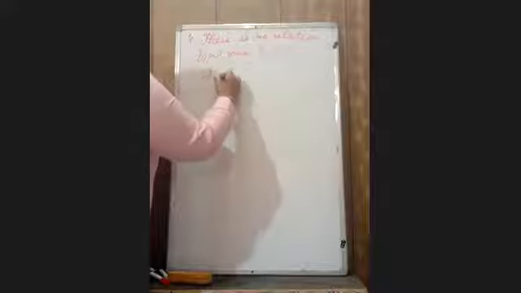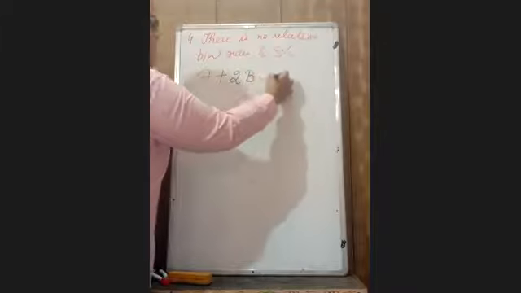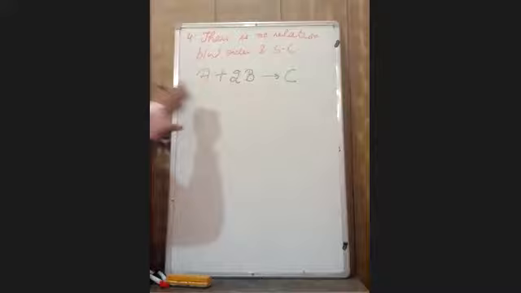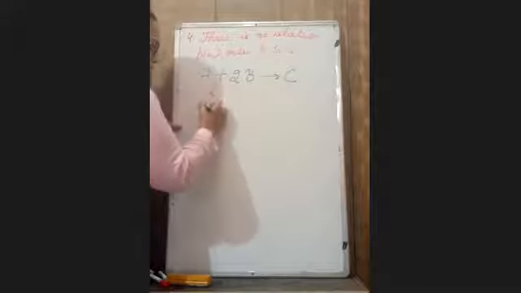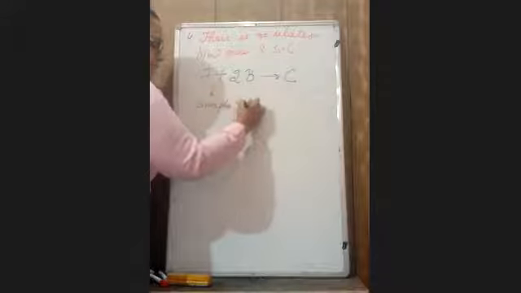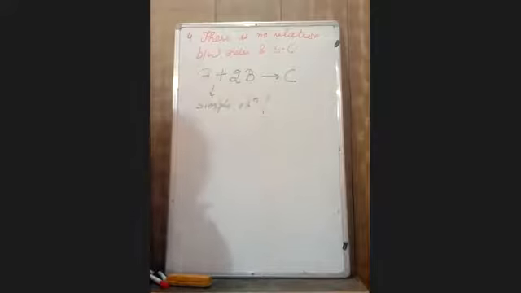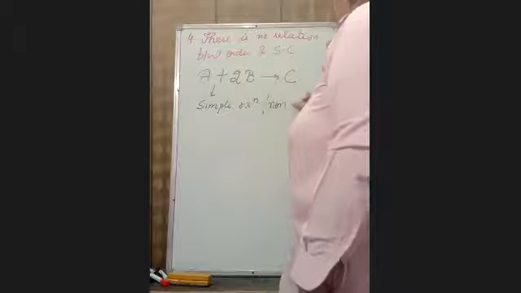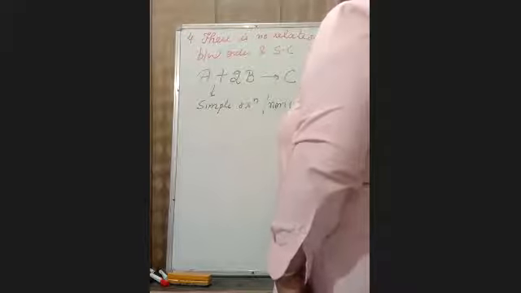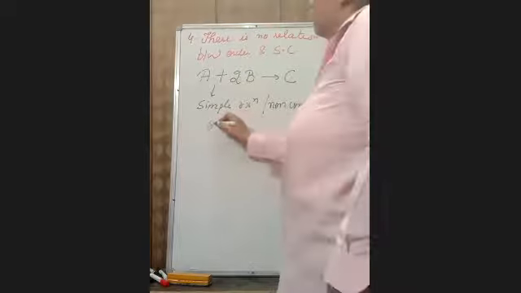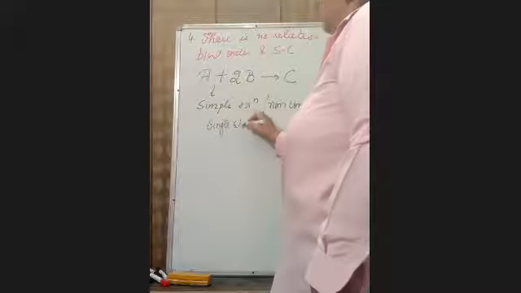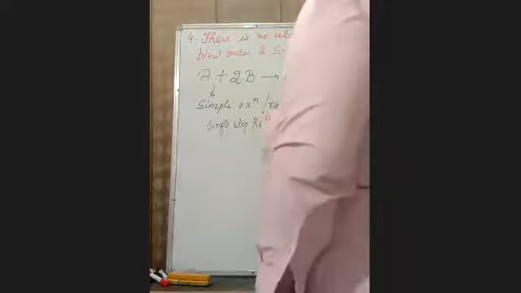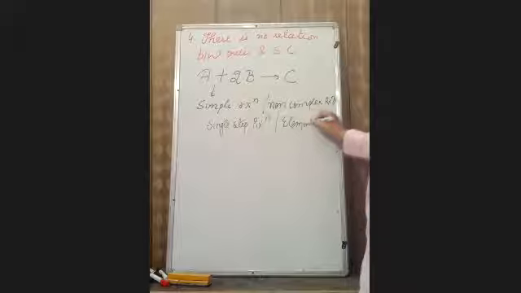Suppose I am taking this example, A plus 2B gives you C, and it is a simple reaction, also known as non-complex reaction, or single step reaction, or elementary reaction, which means which is taking place in single step.